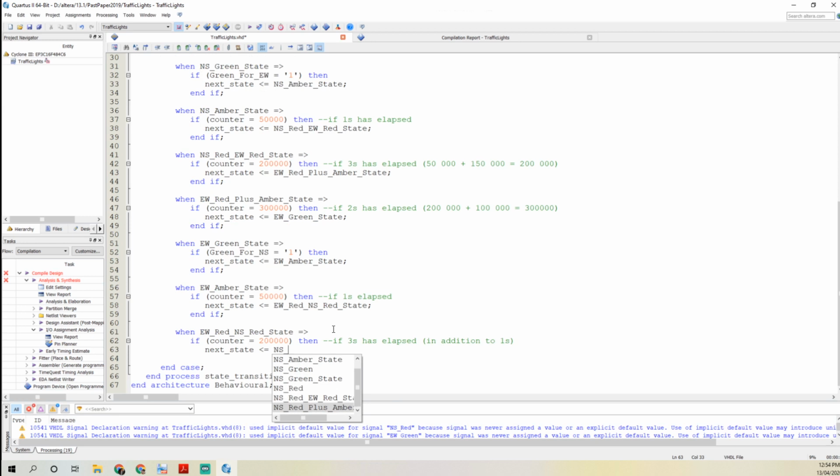So this is now my north-south red plus amber. In other words, it's a state which tells the driver that the north-south lights are going to turn green. And again, that's just a UK specific thing.